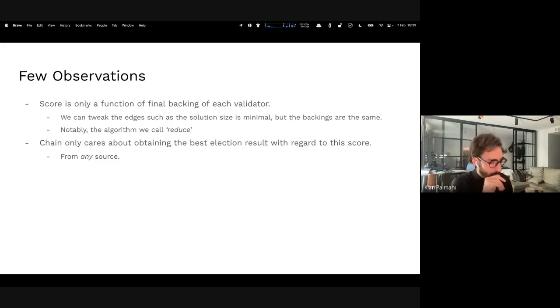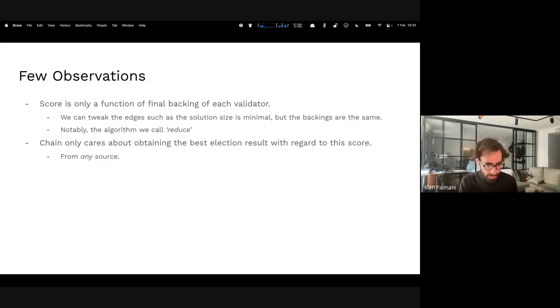Let me just recap again. I think this will help, but this is an important point. Some entity off chain computes this election result and wants to submit it to the chain. And this election result has a particular score, let's say 100. It can submit it as it is to the chain, in which case, if you as a nominator have voted for 8 people and all of them are elected, your stake is distributed between them.